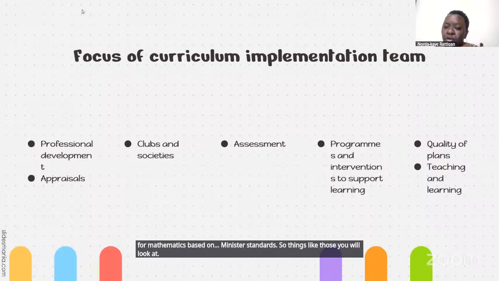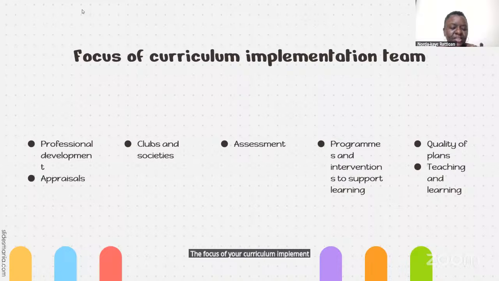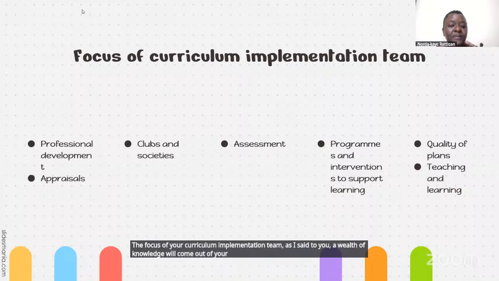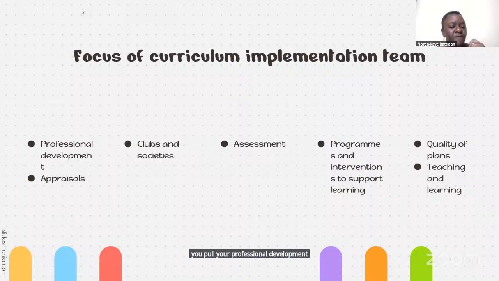The focus of your curriculum implementation team, as I said to you, a wealth of knowledge will come out of your SIP. If your SIP is implemented effectively in your school, it plays a very important role. You pull your professional development topics from your CIT team. They do appraisals. They appraise clubs and societies because clubs and societies are a part of the curriculum.